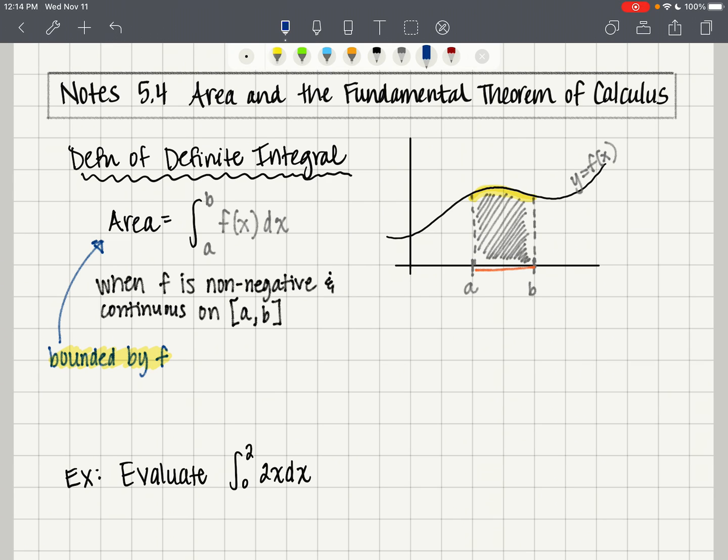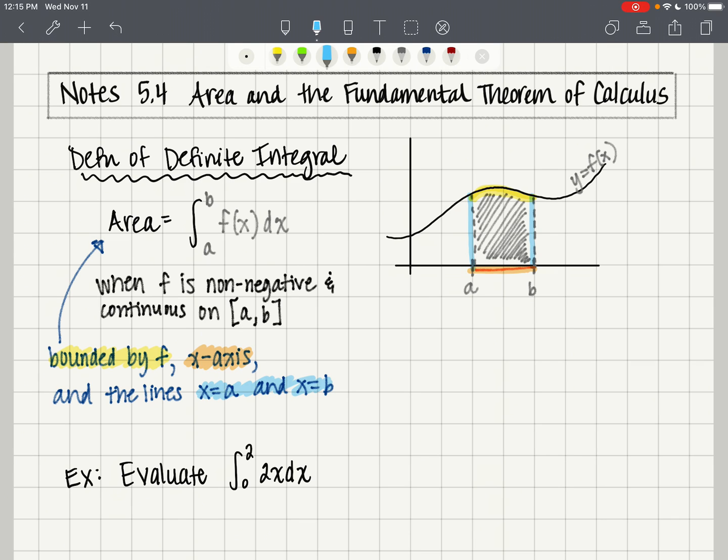The x-axis, that was the orange, so that was the orange right here, that x-axis, and the vertical lines x equals a and x equals b. And we'll highlight that in blue. So there's the blue.